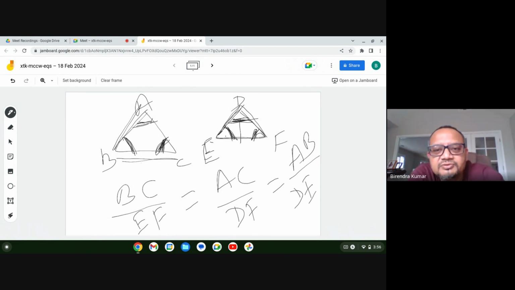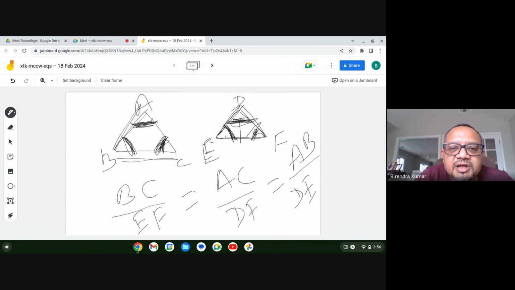Now, these two triangles are similar, ABC and DEF. That's what we have figured out, or that's what we have been told. And hence it says that angle A is equal to angle D, angle B is equal to angle E, angle C is equal to angle F. This is why they are told that this is similar. So based on the property of similar triangles, the sides opposite to the matching angles are in the same proportion.